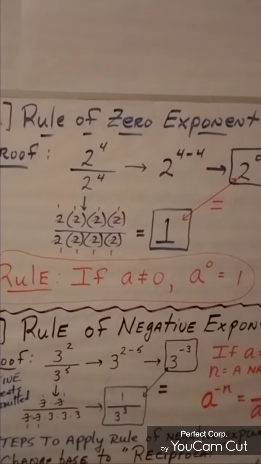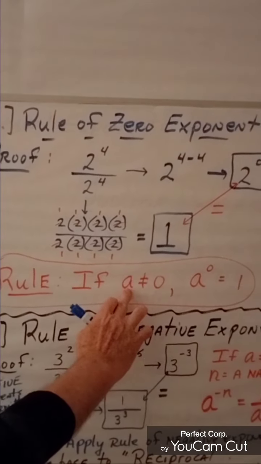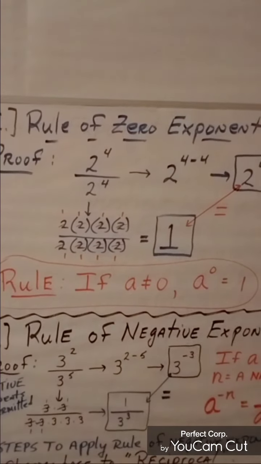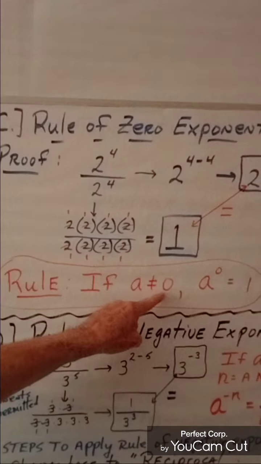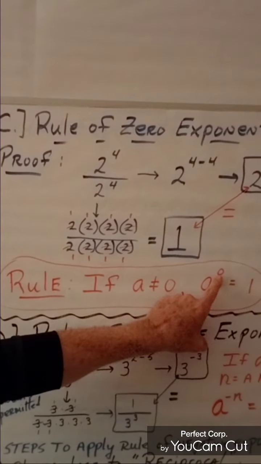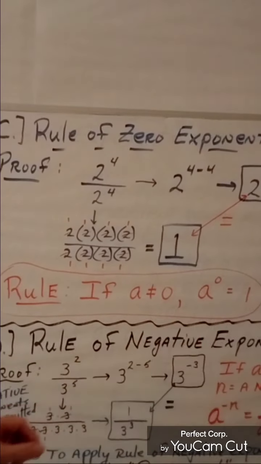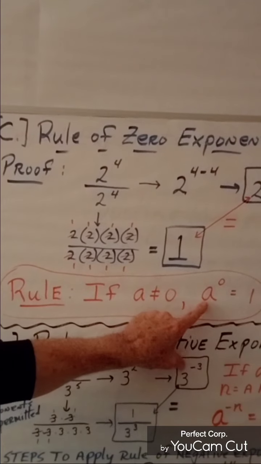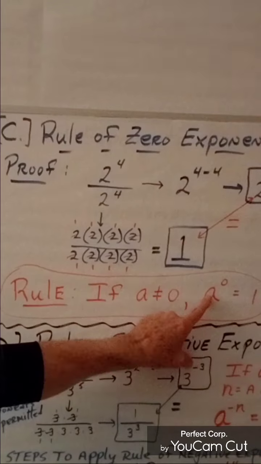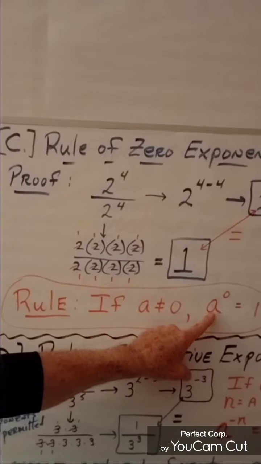The rule of zero exponents says this: if a does not equal 0, a to the 0 exponent value will always be equal to 1. Now, holding on to this theme for a moment, the only thing that a can't be is 0, because 0 to the 0 would not be 1.